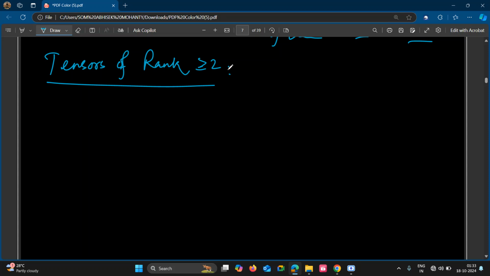Again there are three types: contravariant, covariant, and another one that is called a mixed tensor. So we'll study that. First of all, contravariant again. Now it will be simple to understand because we have already done it.